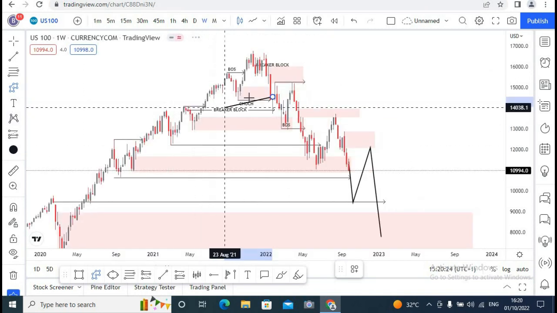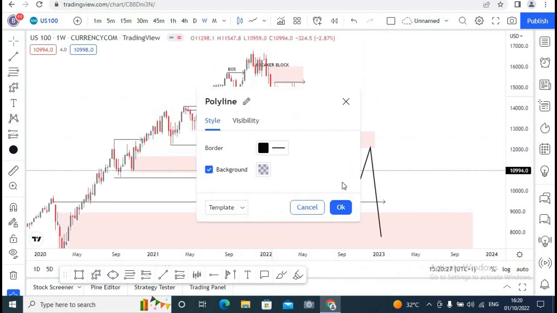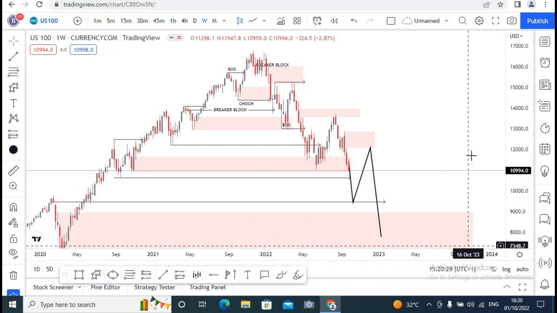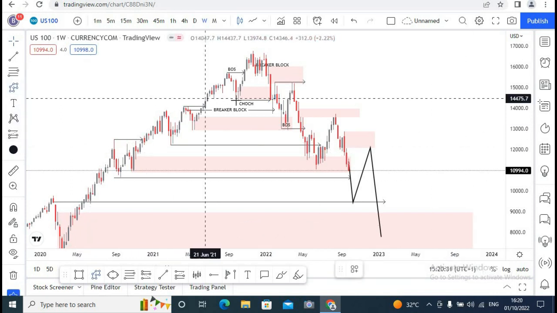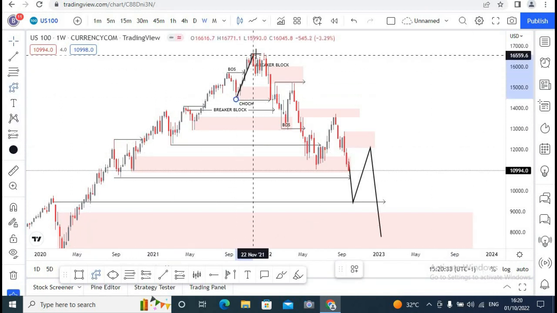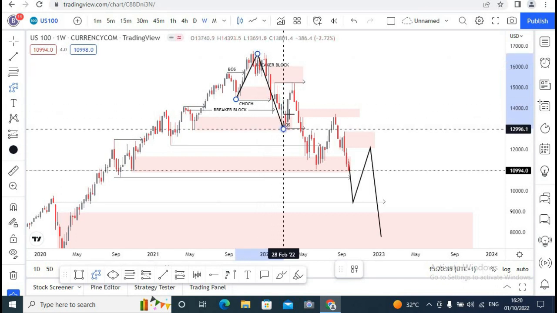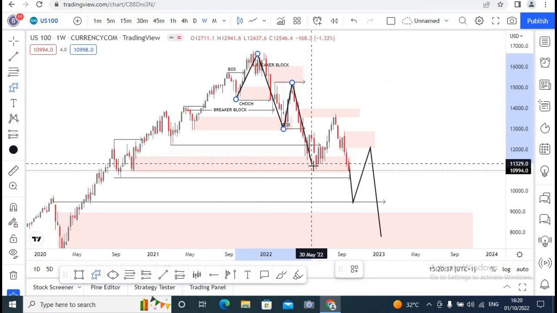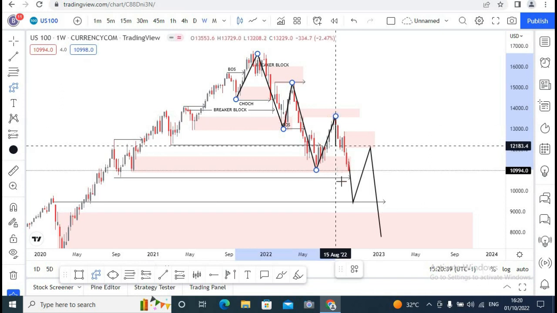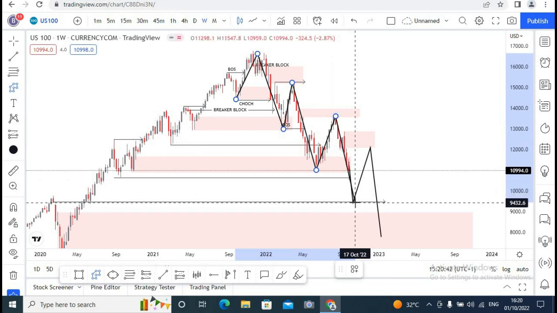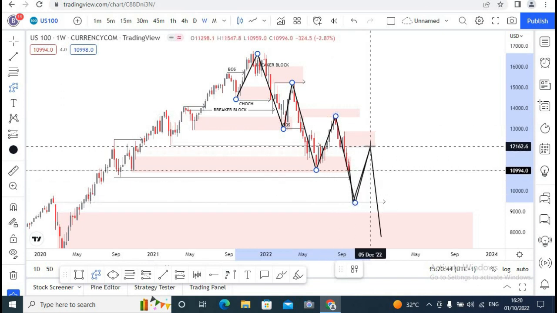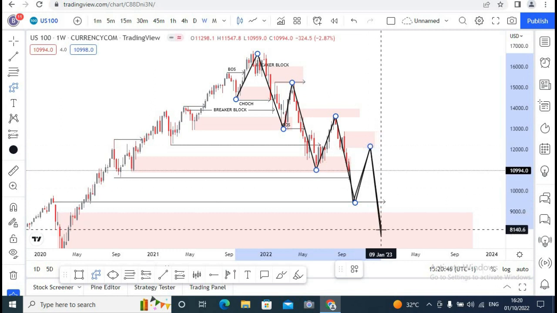Let me show you guys. Sorry about that. Let me delete this. Okay, so it's giving you clean market structure. As you can see, swing high, swing low, swing high, swing low, swing high, and then you are expecting a new swing low, and then the price will give you another swing high, then swing low.